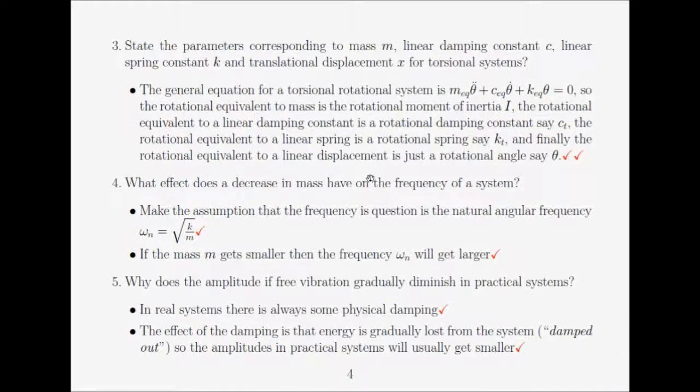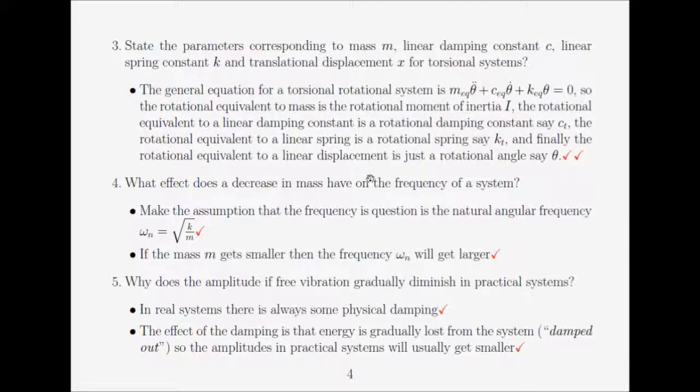Sometimes you have angular frequencies. The relationship between angular frequency and normal frequency is omega equals 2 pi f. You must remember the equation omega equals the square root of k over m. So if k is a constant and m is getting smaller, that means omega n will get larger.